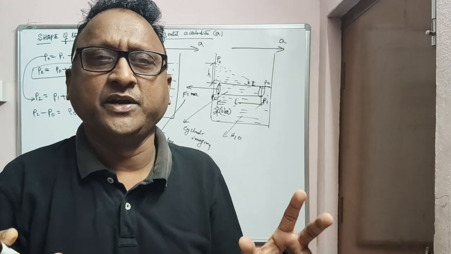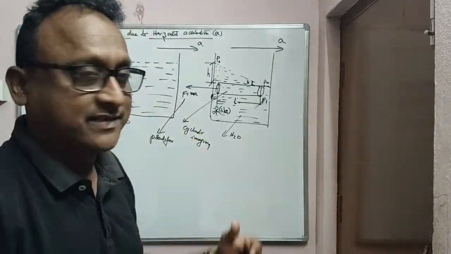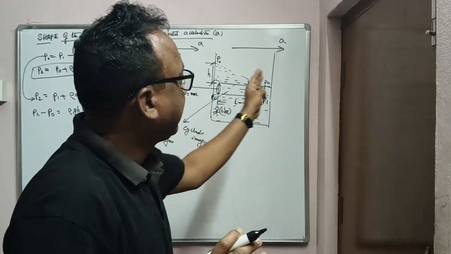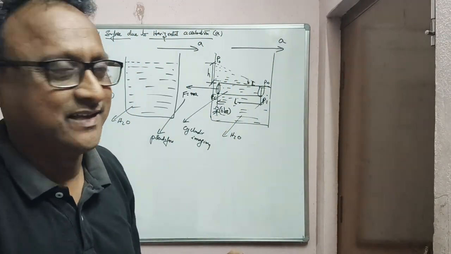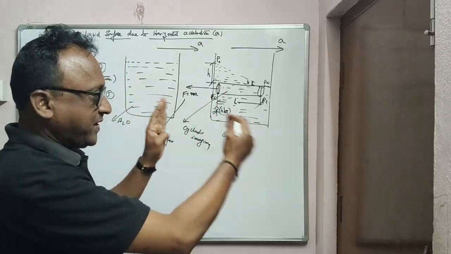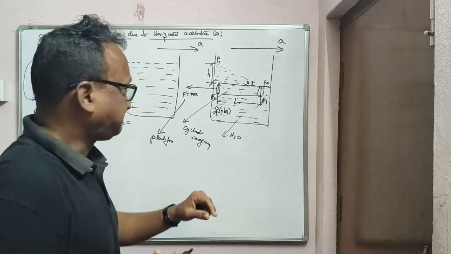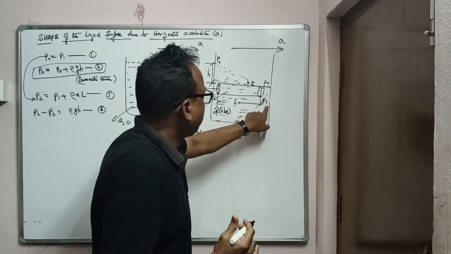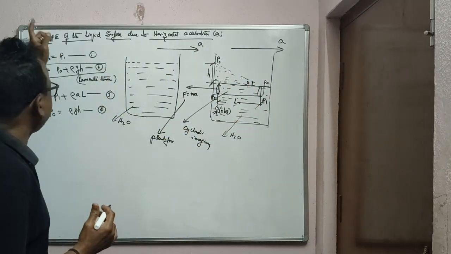See, what we are trying to do in this video class is to find out some angle for the tank moving horizontally with some acceleration A. So when it moves, an imaginary cylinder is formed. This is atmosphere pressure P0, P1 is almost equal to P0, we wrote that.